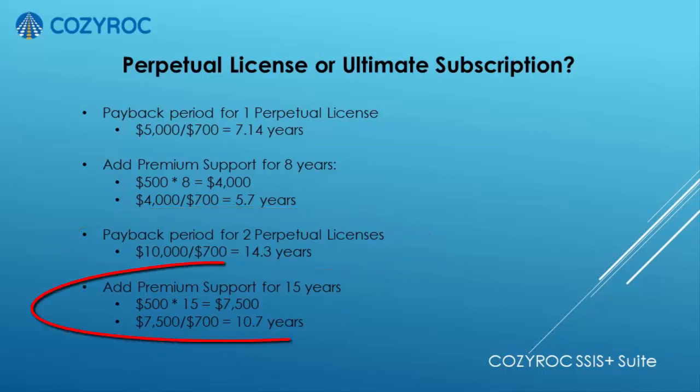And then if we add premium support again for that period of years, you can see it adds another significant number of years to the cost. So fortunately, the amount you pay for premium support for the perpetual license does cover up to 10 licenses. So we didn't have to double the amount you pay for premium support for 2 perpetual licenses.